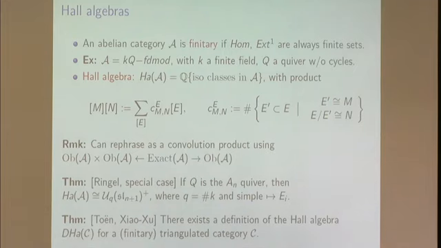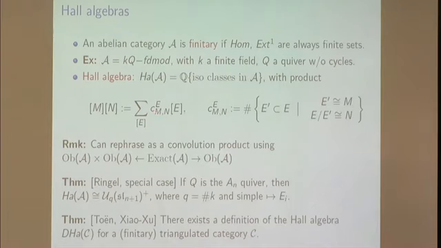Sometimes you define algebras using generators and relations. The Hall algebra is defined by defining a product structure on a vector space, so we know ahead of time it's non-zero. We take the vector space spanned by isomorphism classes of objects in the category, and we define a product. The formula gives the structure constants, which I'm writing as C_{M,N}^E.